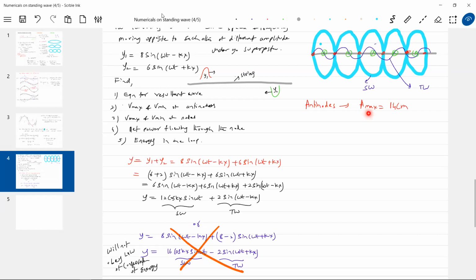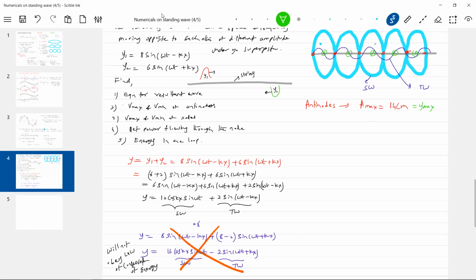Okay, now what is the antinode maximum displacement? 12 plus 2, 14. What is the minimum displacement? I think minimum displacement can be zero, no? So Y max, I'll write it. This is nothing but Y max. The maximum displacement of antinode will be 14 centimeter.